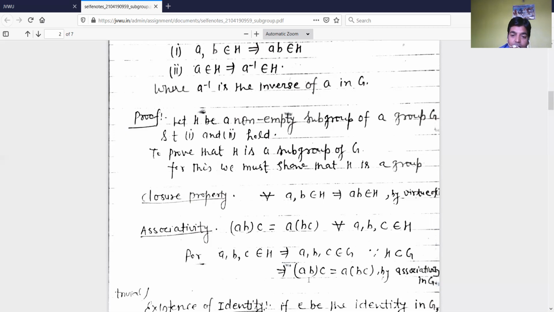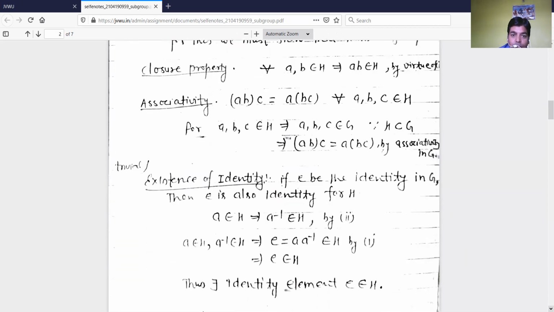That implies (a operation b) operation c is equal to a operation (b operation c). This is the associativity in G, so associativity will also hold in H for the elements a, b, c belongs to H.